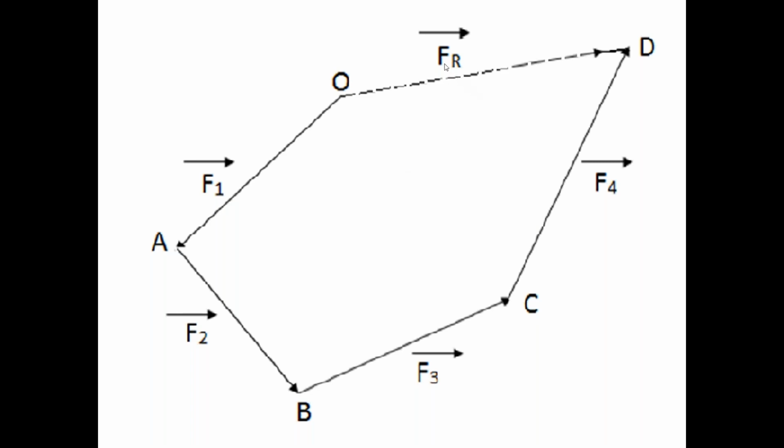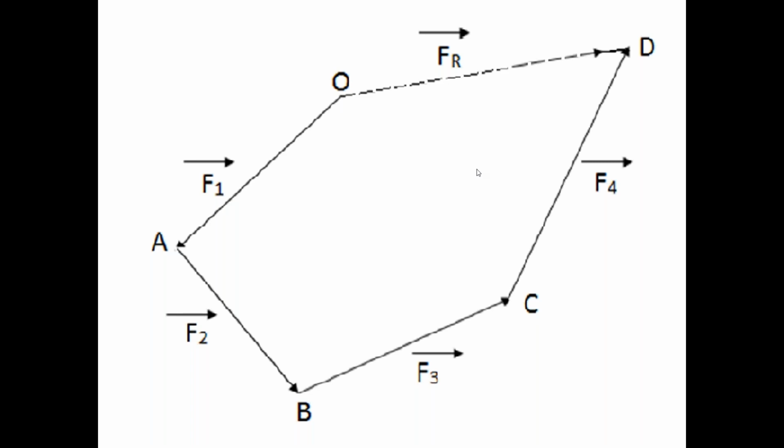We have the resultant force Fr bar of F1 bar, F2 bar, F3 bar, and F4 bar if the polygon is an open polygon. Now tell me, if the polygon is a closed polygon, that means if the point D coincides with point O, we call it a closed polygon.